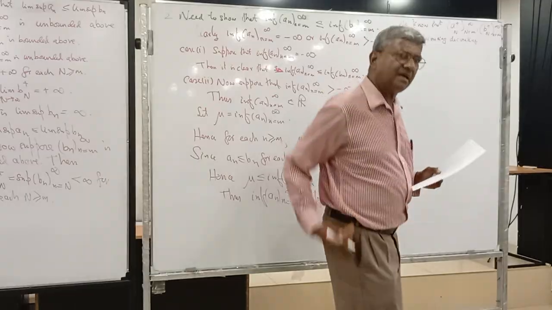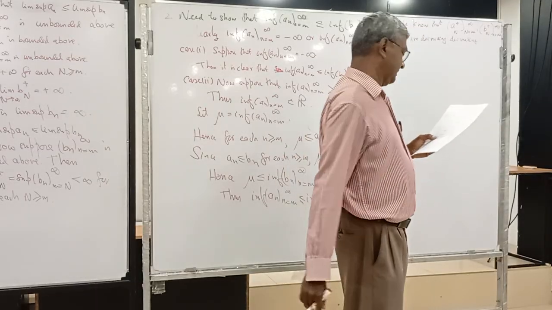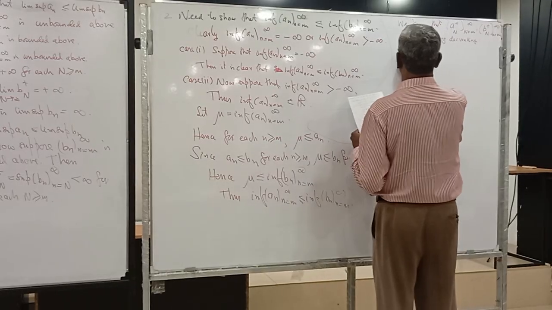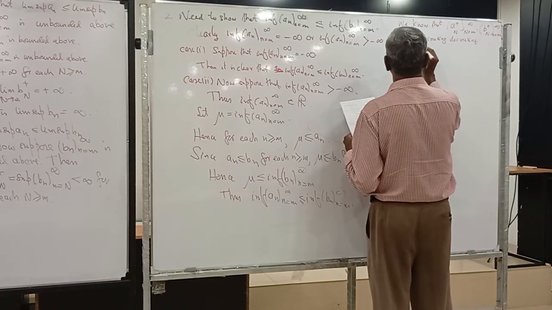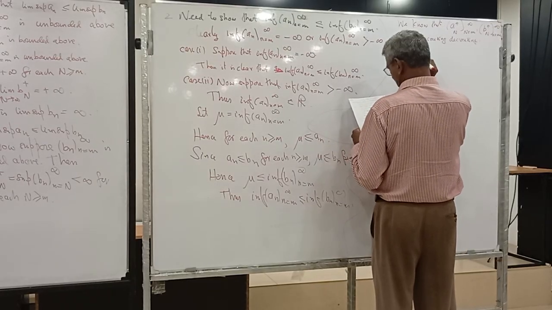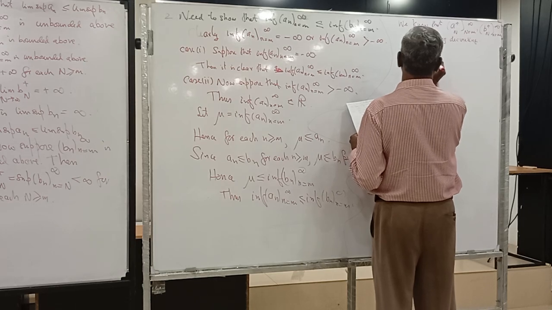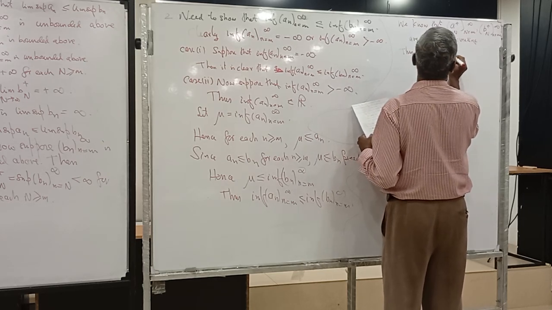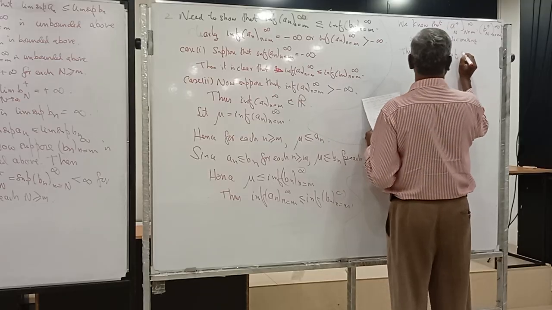They may be unbounded below, I did not say anything about that. But what I am saying is that the limit as n tends to infinity of An plus is the infimum of An plus.